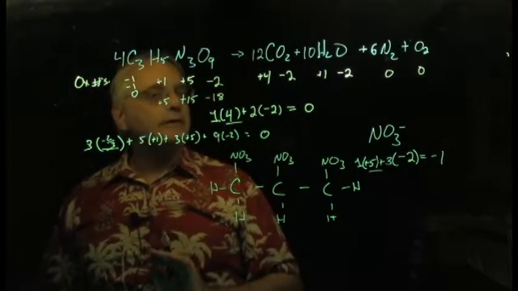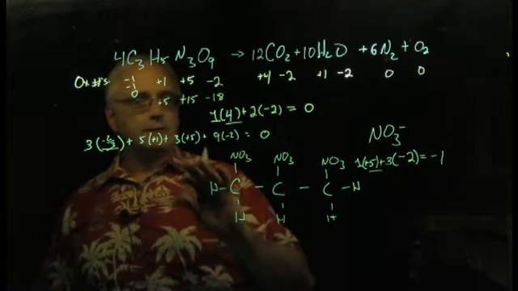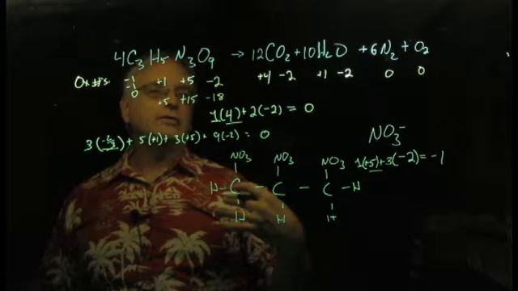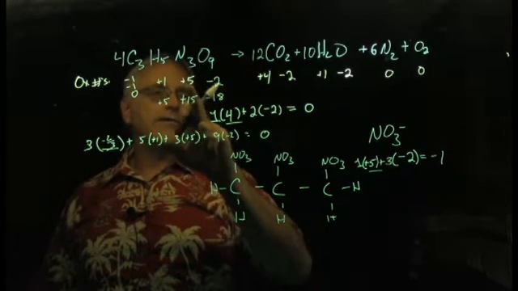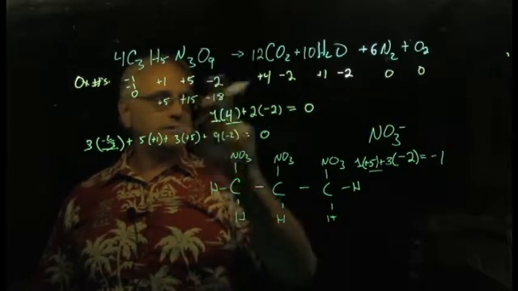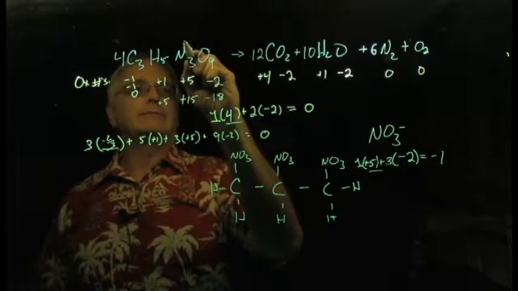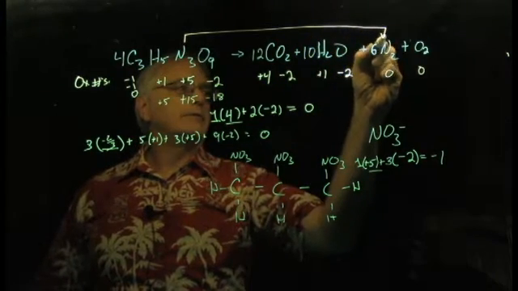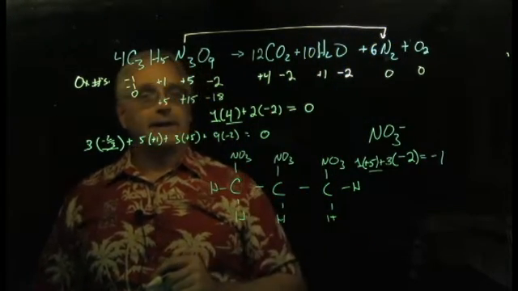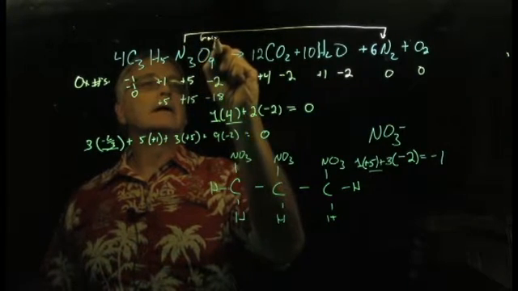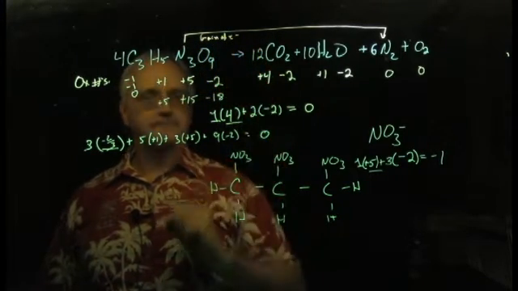But now that I have my oxidation numbers in place, I can look at how all of this stuff changes. And one of the most startling changes that occurs is the nitrogens, +5 to 0. Every nitrogen here does that. Okay, so I'm going to mark that one. Nitrogens, +5 to 0. That is most certainly a gain of electrons.